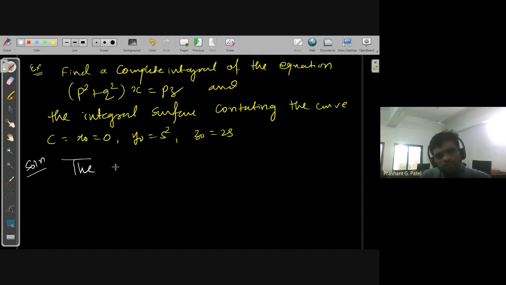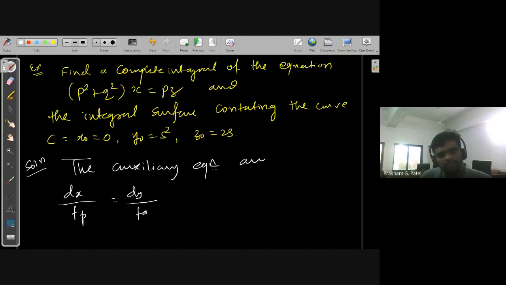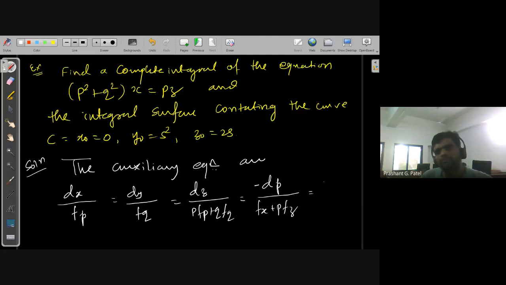So the auxiliary equations, using Charpit's method, we know, are dx upon fp, dy upon fq, dz upon pfp plus qfq, dp upon fx plus pfz, minus dq upon fy plus qfz.